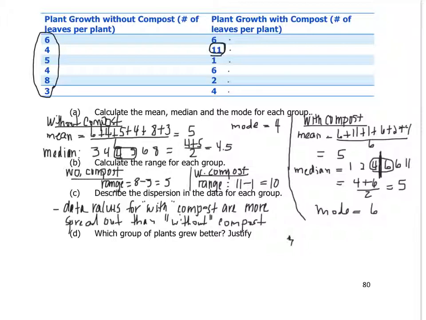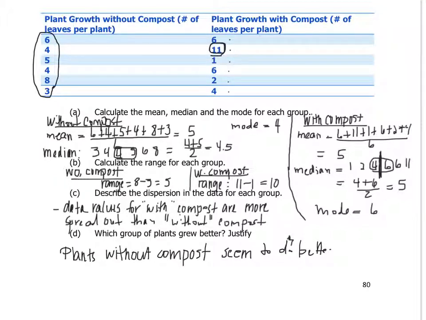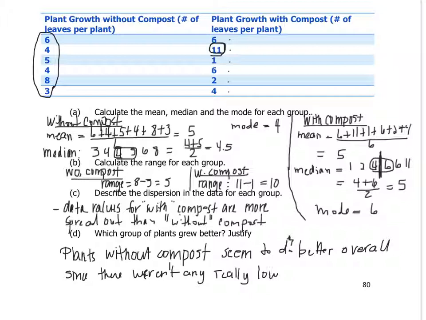So if I had to pick a group, I would probably say the plants without compost seem to do better overall, since there weren't any real low values, and all data was greater than or equal to 3.